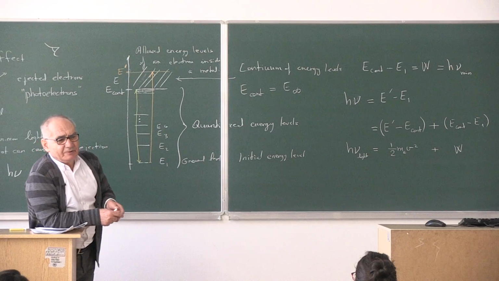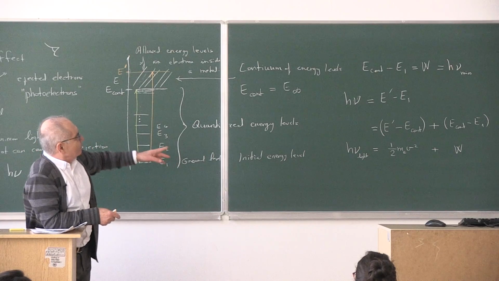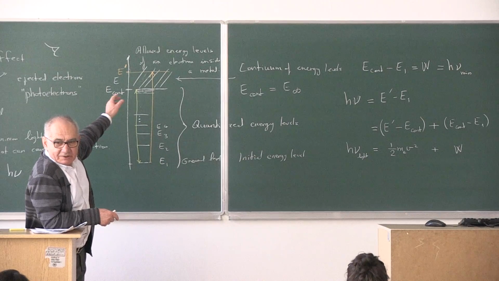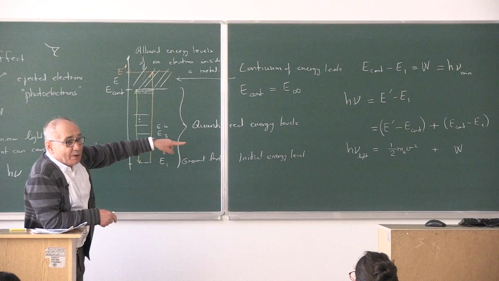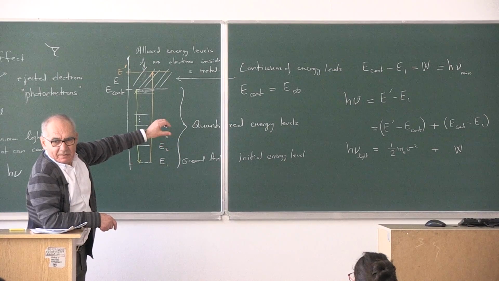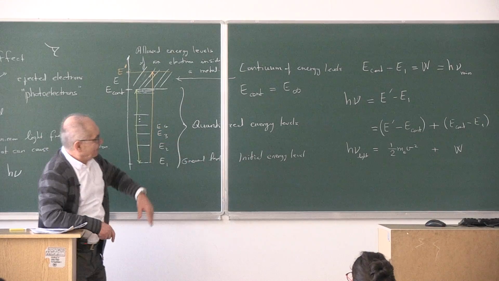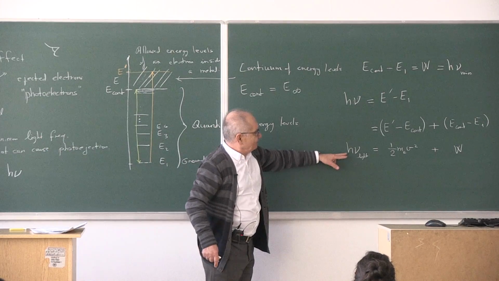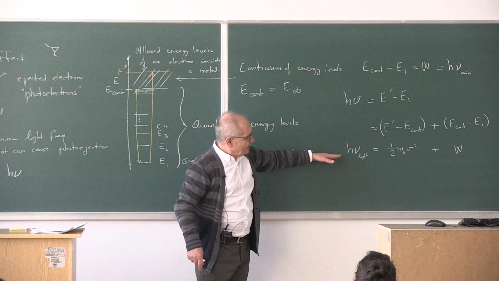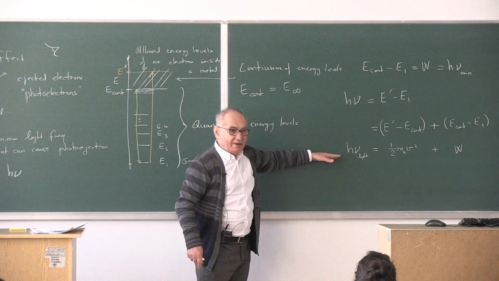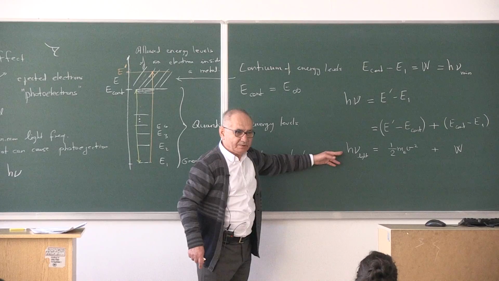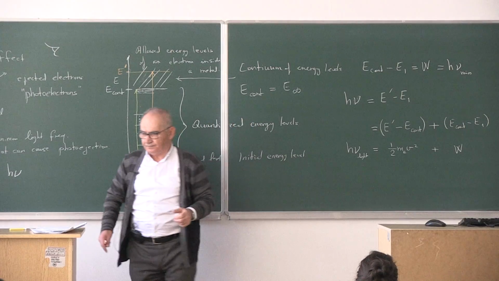Einstein was the first person who explained the photoelectric effect, which is this one, photoejection of electrons, in this way. You see, the idea is quite simple, and he obtained this expression, and Einstein received the Nobel Prize for just this explanation, the photoelectric effect.